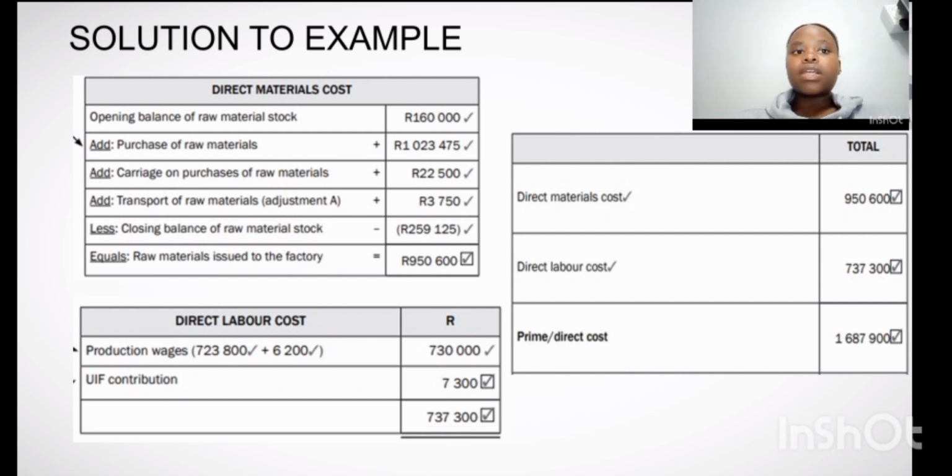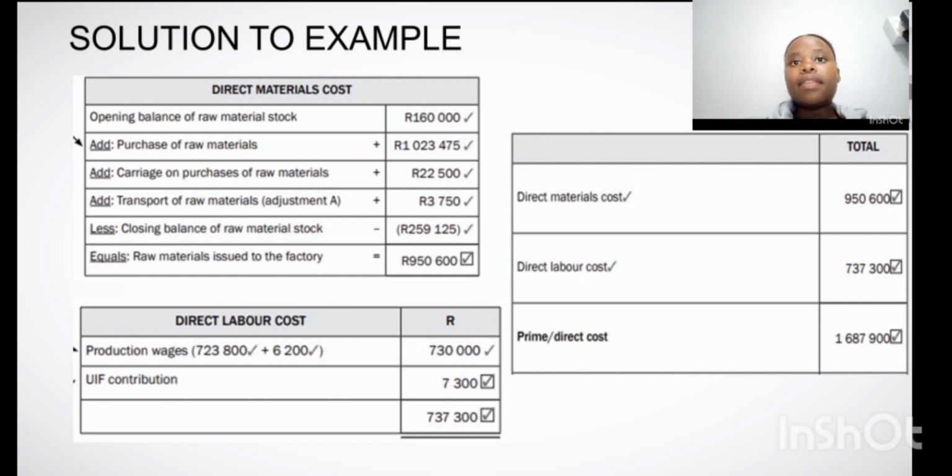So bear in mind, we are not only calculating UIF on the 6,200 only, because that is not the only amount of wages that we pay. We pay a total wages of 730,000, meaning we must also pay UIF according to that amount.